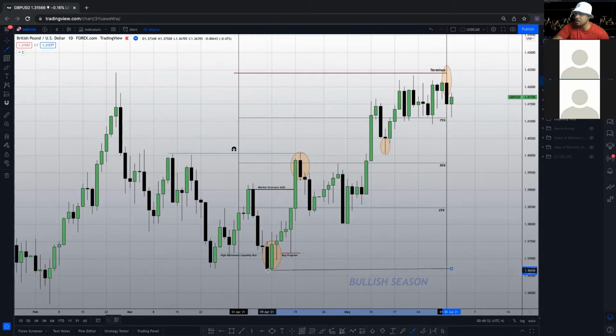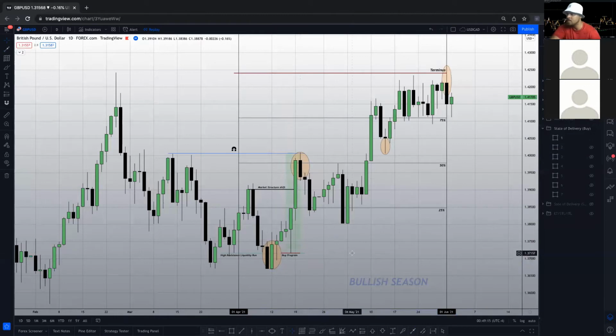And then from this low, when it pulls back to mitigate any sellers from this point here, on the low end here, this is where the buy program starts. So the buy program starts here, and it breaks structure here, a market structure shift. So in terms of state of delivery, this was the first change in the state of delivery. That gave us a buy program from this low to this high, and that's why we have a swing point.